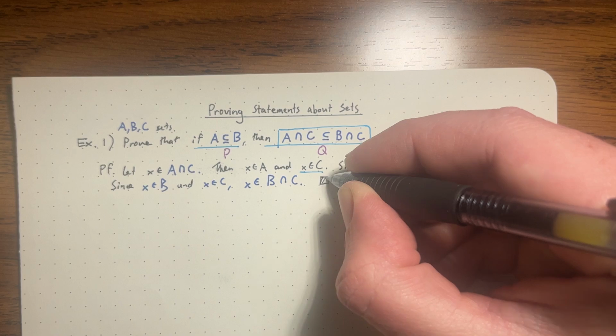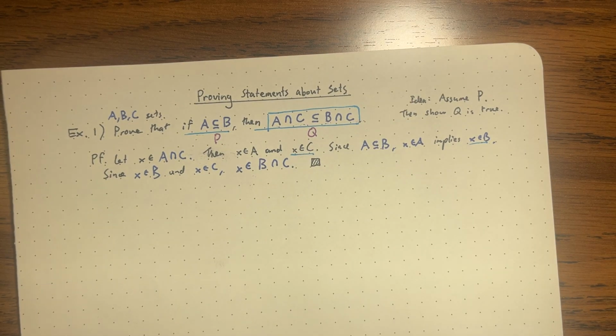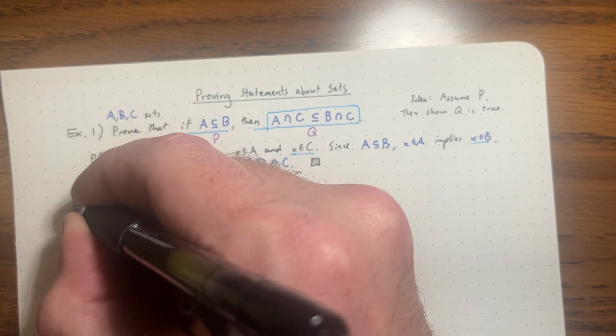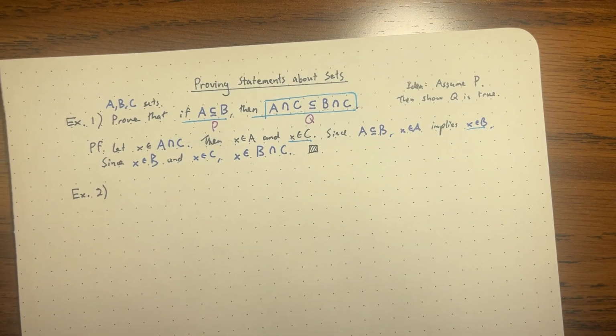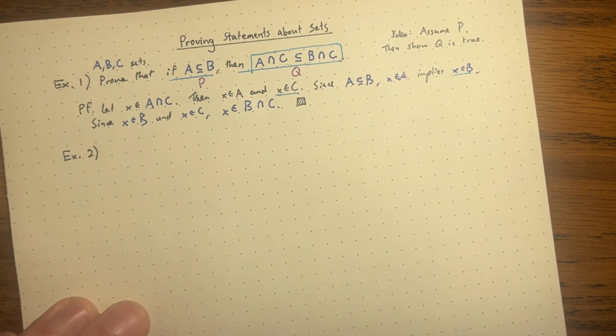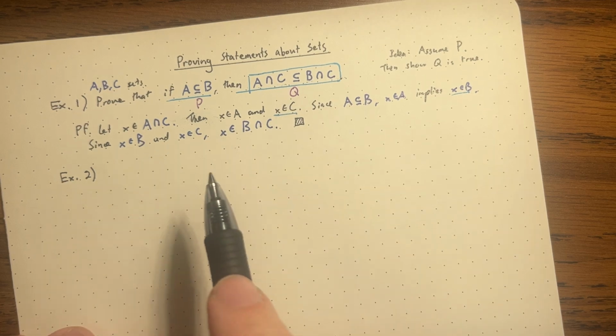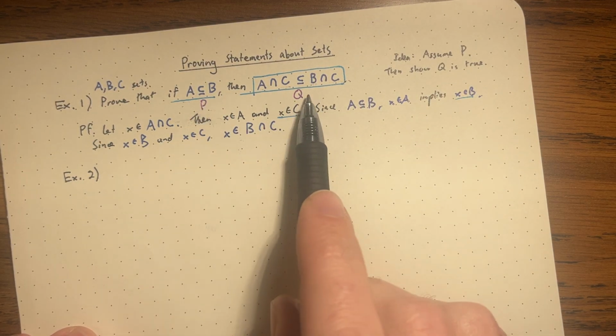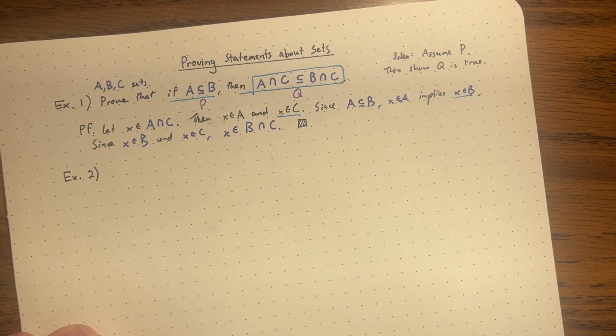QED. And let's move on to the next one. Okay, so what are the key points to take away from this one? How to prove a conditional statement. You assume P, and then you try to show Q.